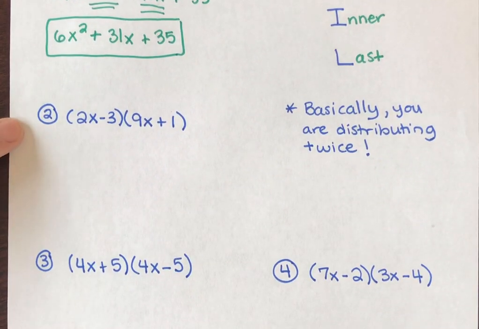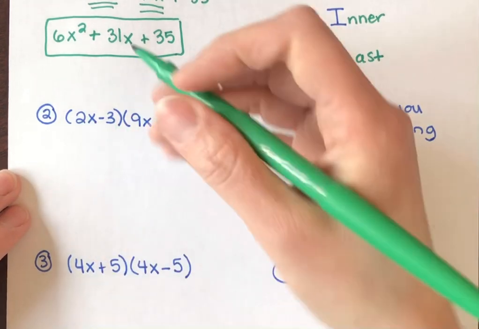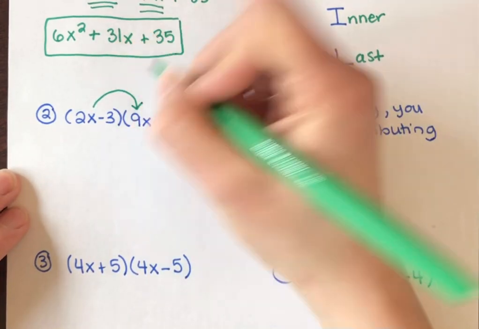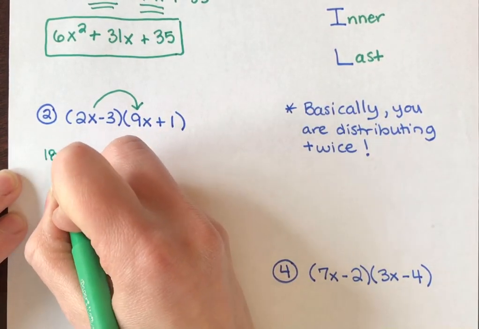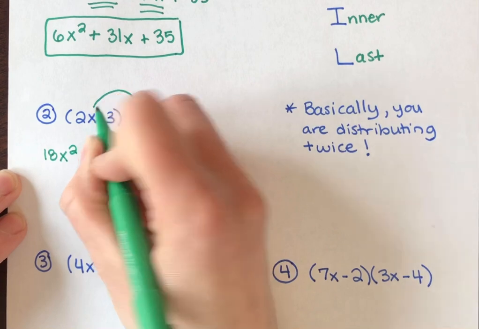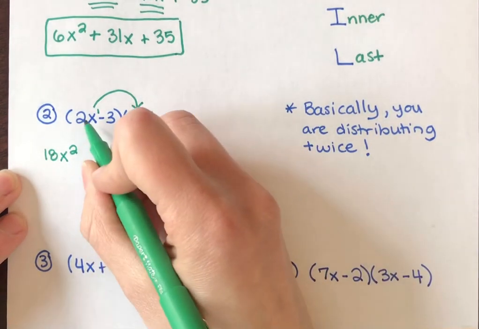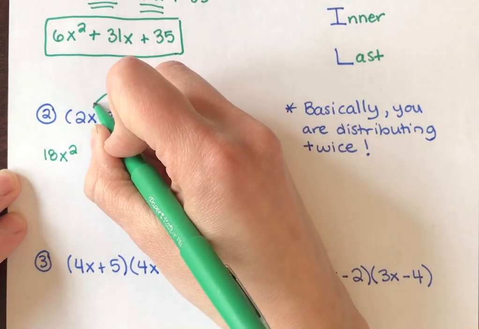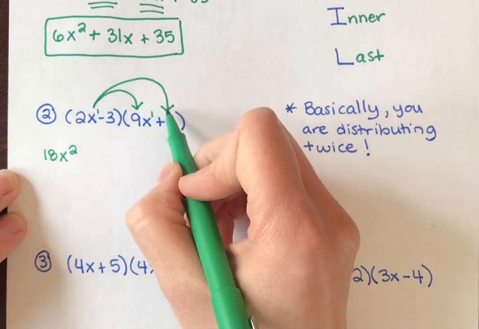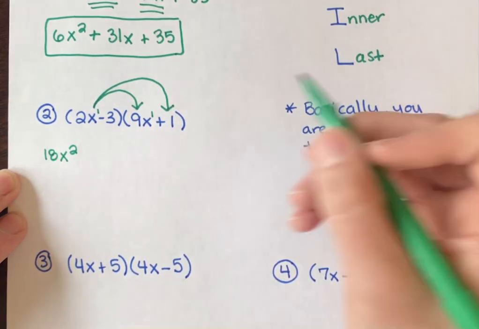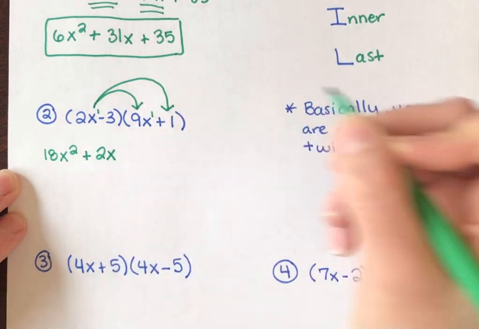All right, and number 2. Again, think of it as you're distributing twice. Let's start with the 2x. First, 2x times 9x. That is an 18x to the second. Again, x to the first times x to the first gives you an x to the second. Then I'm going to take 2x and distribute it again. In our case, we had first, outer, so this is the O for the FOIL. 2x times 1 is a positive 2x.